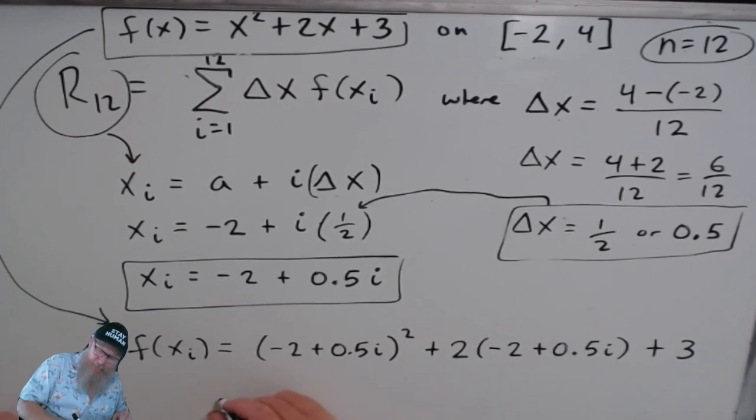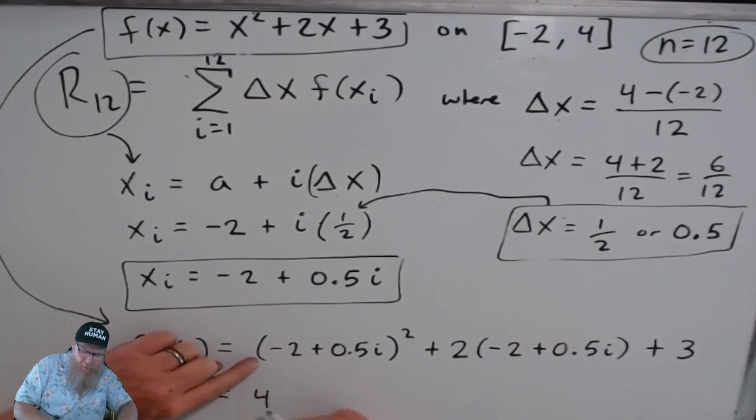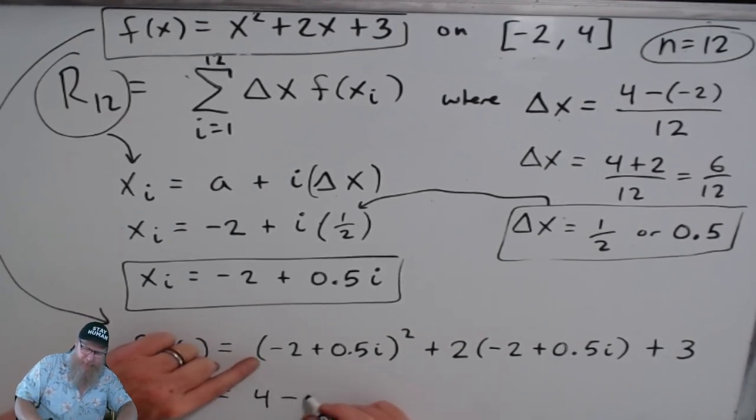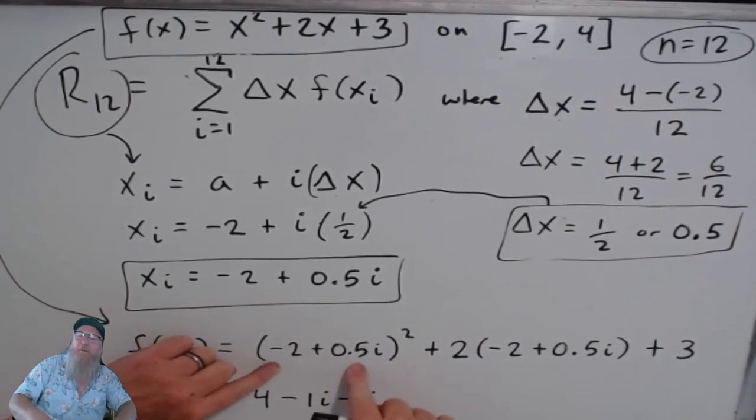All right. Let's try to simplify this a little bit. So that'll be 4. Let's see, -2 times a half. What's -2 times a half? 1? -1? And then another -1, because you're doing it twice.